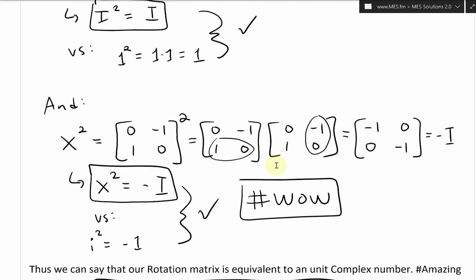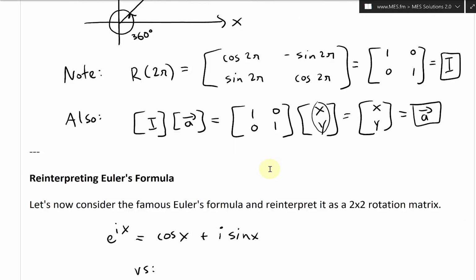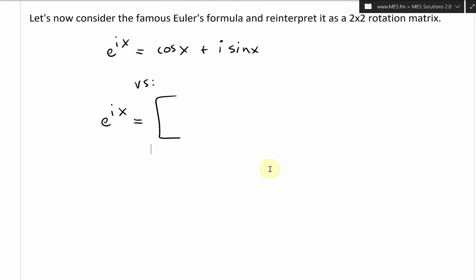But anyway, this is just a rotation matrix: cosine x, negative sine x, sine x, and cosine x. Like that. So yes, fascinating stuff.